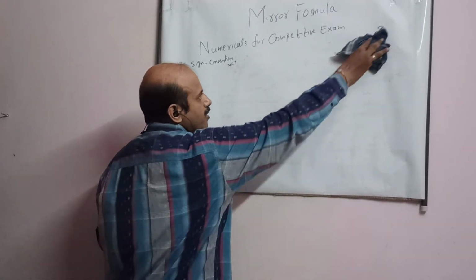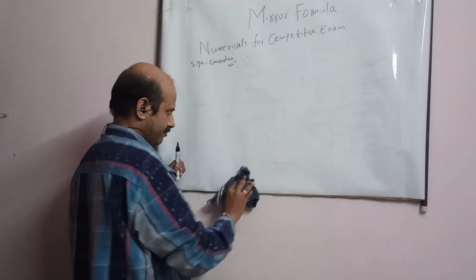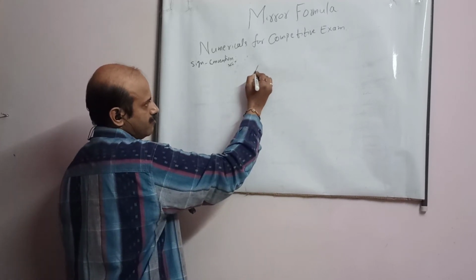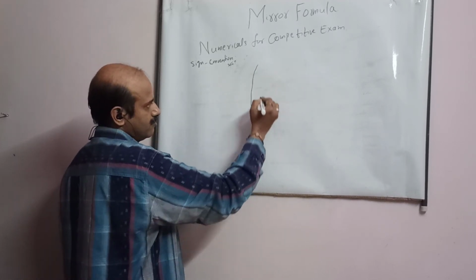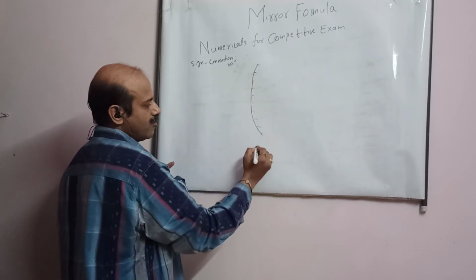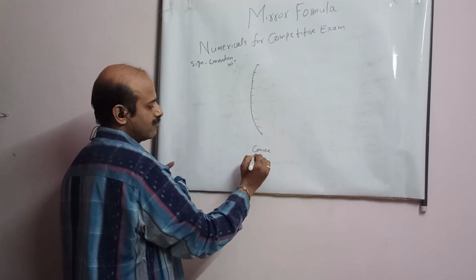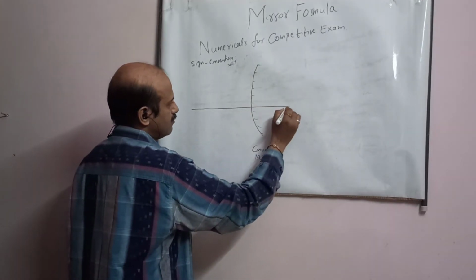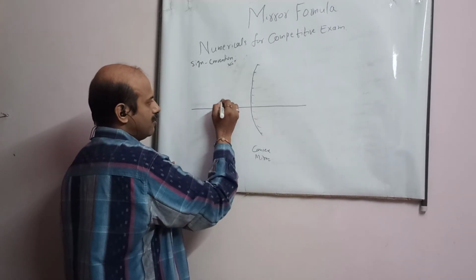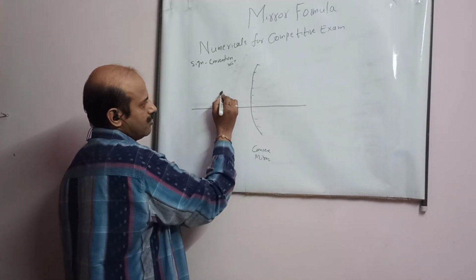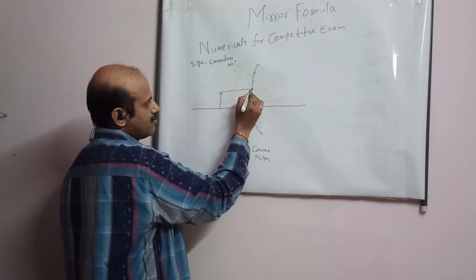Now student, one more point on this. Suppose I have a convex mirror, student. This is convex mirror. This is the object, ray parallel to principal axis.